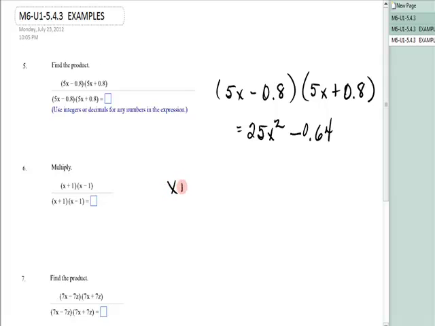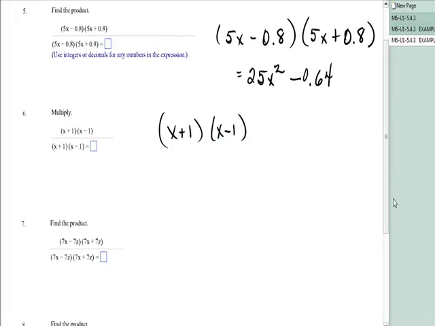All right, x plus 1 times x minus 1. It is a sum and difference product. I have x squared. The outer product and the inner product don't matter, and I have minus 1.